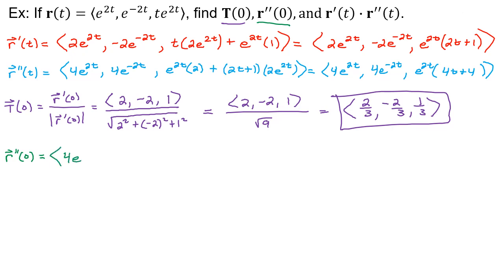So you have 4e to the 2 times 0, oops, no plus sign, that's actually a comma, 4e to the -2 times 0, and e to the 2 times 0 times 4 times 0 plus 4. So that would give me a 4, and a 4.